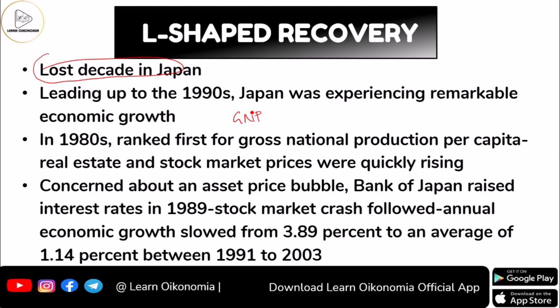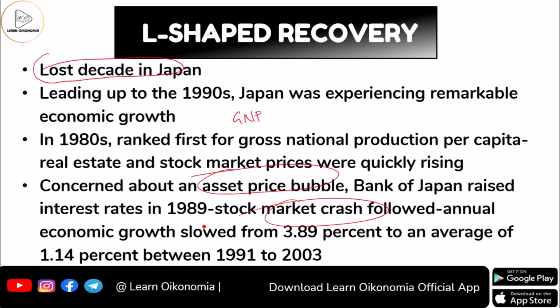But there was something called an asset price bubble that had created a shock in the Japanese economy. The Bank of Japan was raising the interest rate in 1989. There was a stock market crash, which followed the asset price bubble in Japan.